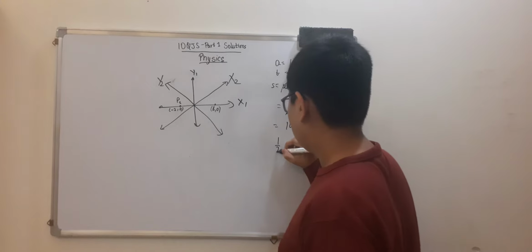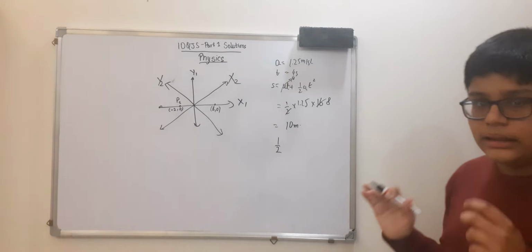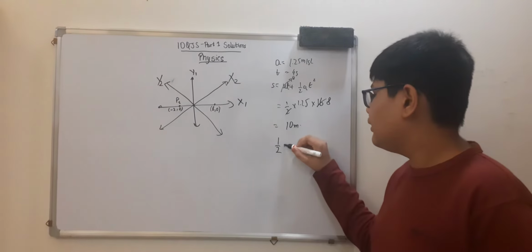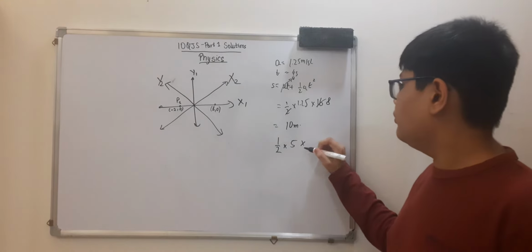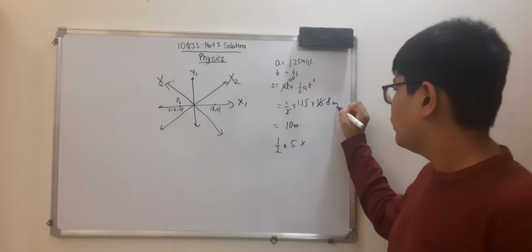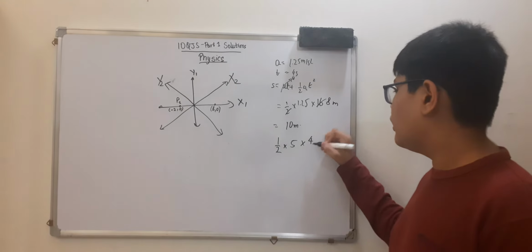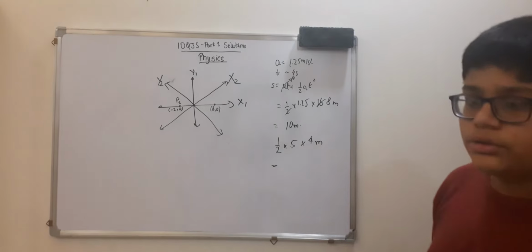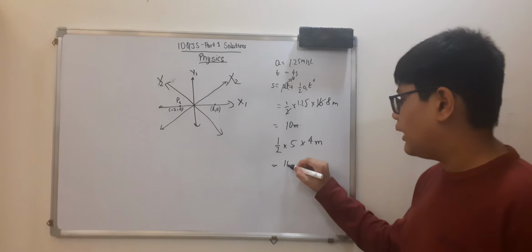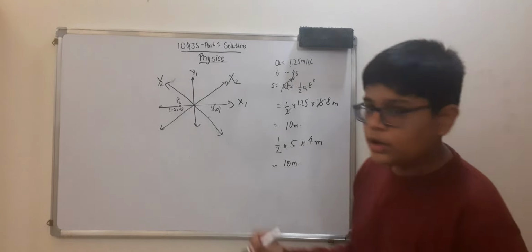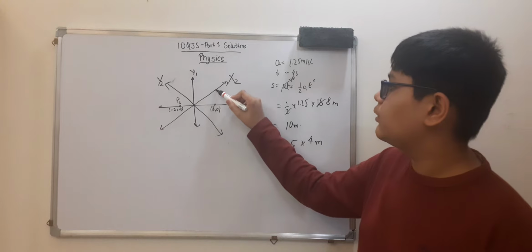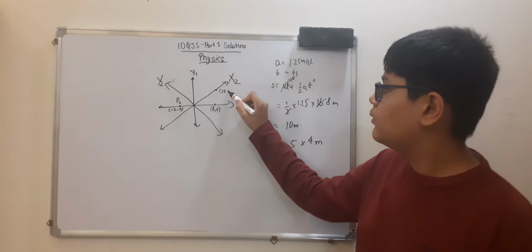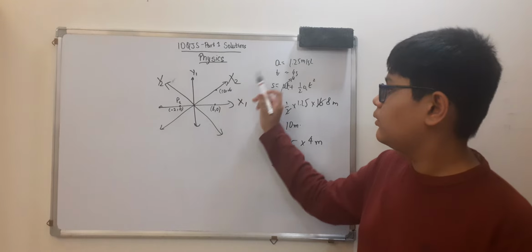So the distance from the second equation of motion is half into 5 into 2 squared, that is 4, which is 10 meters.